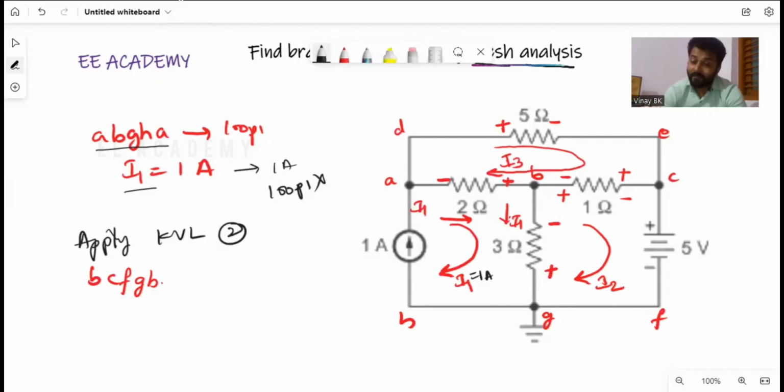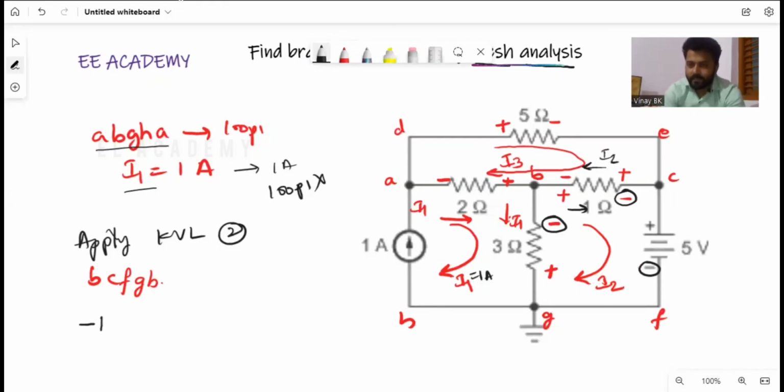Then apply KVL by marking first polarity or second polarity. I am considering second polarity. So by marking the second polarity, I am writing the KVL equation at loop 2, that is B, C, F, G, B. So how can you write now? Minus, I'll start from B to C. Minus 1 into, so which current is flowing? I2 is flowing in this direction, I3 is flowing in this direction.